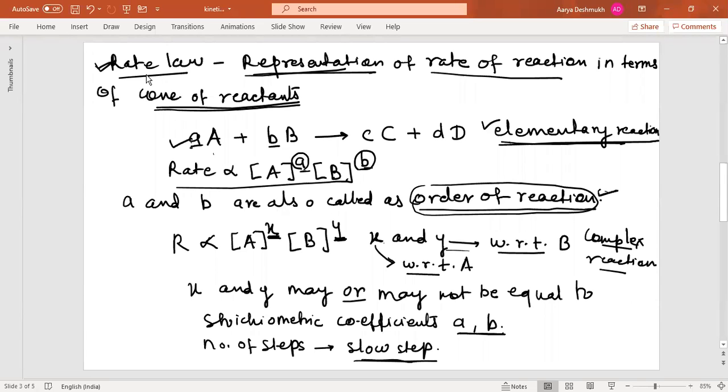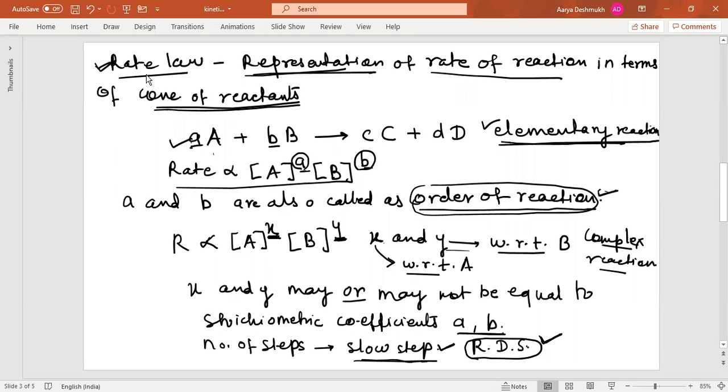Now this slow step, the second step, will decide the rate of the reaction, what we call the RDS, that is the rate determining step. You came across this term in halogen derivatives, where you studied the SN1 and SN2 mechanisms. Whenever we study a mechanism, the RDS is always there. That is the slowest one, which determines the rate of the reaction.